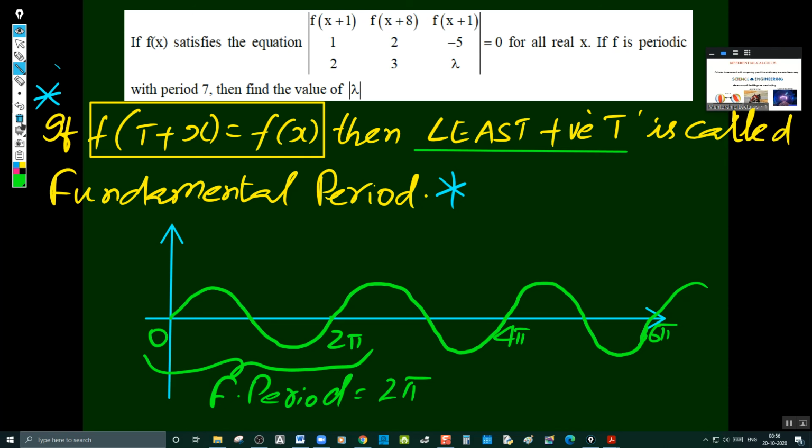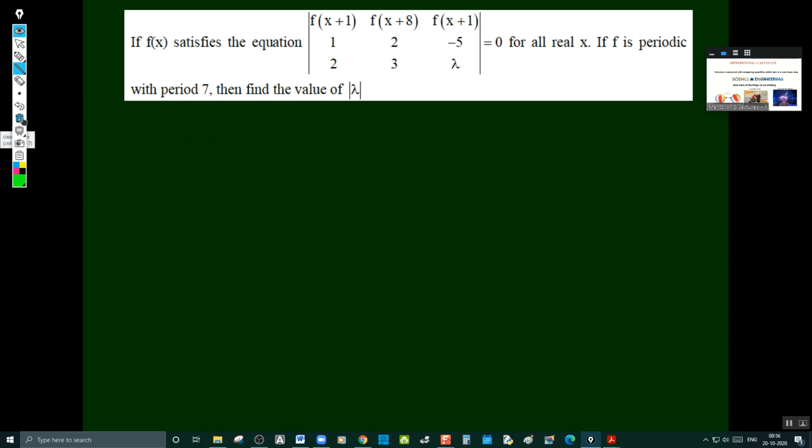Now let us go to the problem. Now, if you see this, he has given that f is periodic with period 7. Hence you have to understand that f of 7 plus x is equal to f of x, which is the definition I just wrote.